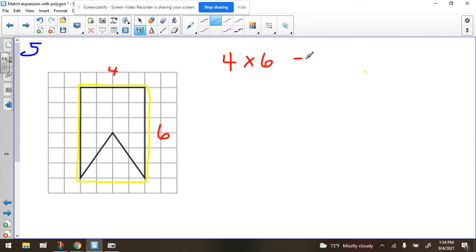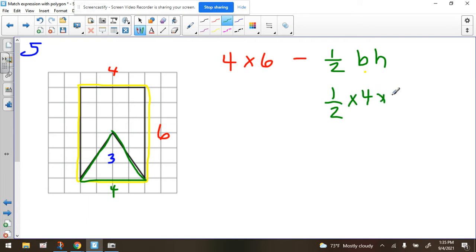Now, we're going to be subtracting from that the area of the triangle. So if we just trace this triangle for a second and think about the dimensions of that, remember, triangle area equals half of the base times the height. And if we substitute in the values here, we're talking about half. If we use this as the base, remember the base and the height have to be perpendicular to each other. So if we're going to use this as the base, 1, 2, 3, 4, going that way, and going up, it's 1, 2, 3. So the base would be 4, and the height would be 3. And remember, we're subtracting that from 4 times 6.